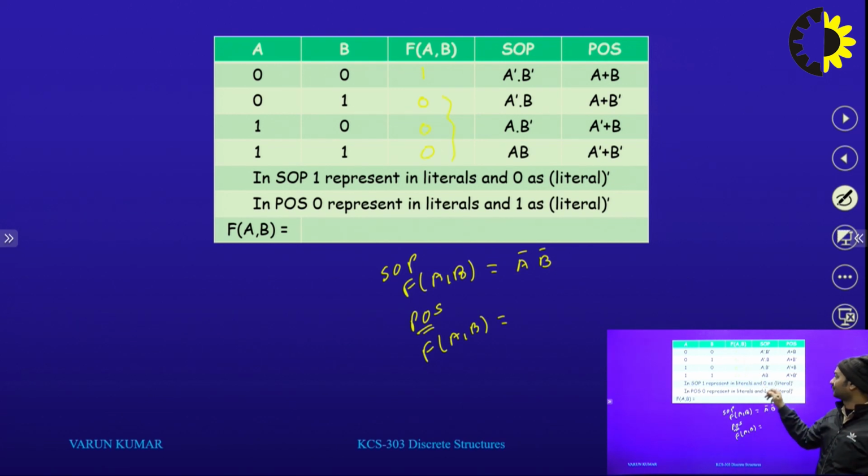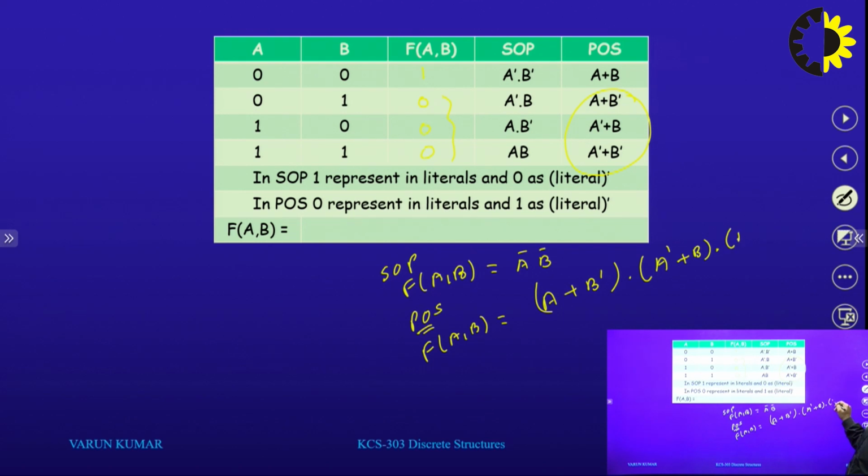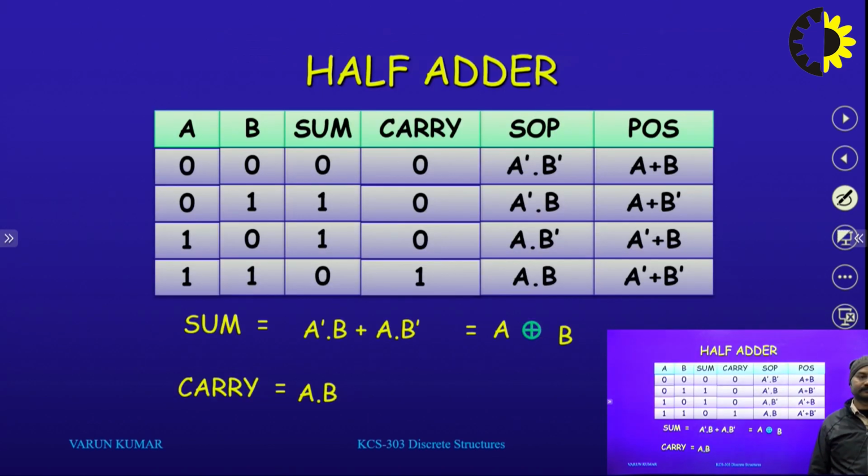That is 3 times. So all 3 values are in product: A plus B bar, dot with A bar plus B, and dot with A bar plus B bar. So the same expression we can write in SOP and POS.